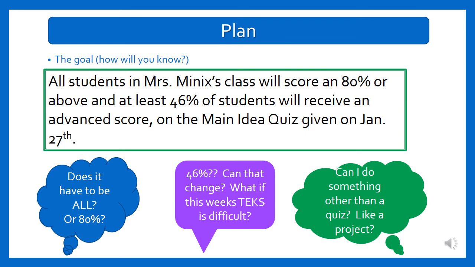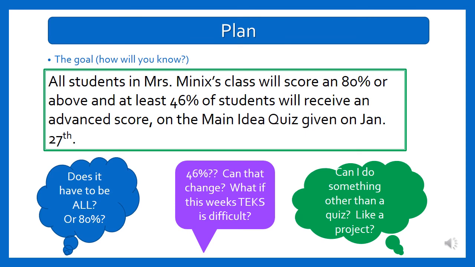So it's important to me to include the words all students, and we have a conversation about that. So it does not all have to be all if you're comfortable with that, and it does not have to be 80 if you need it to be 70 or you need it to be 75. Whatever it is that you feel comfortable putting on that percentage, do that.